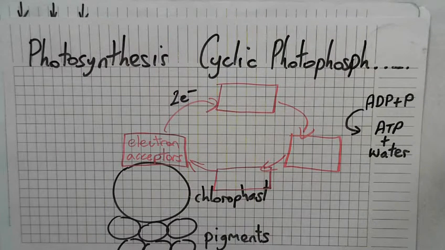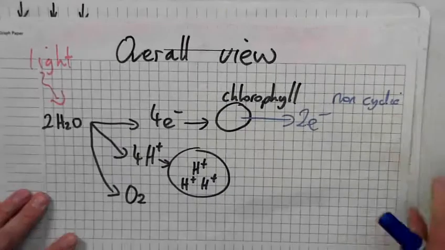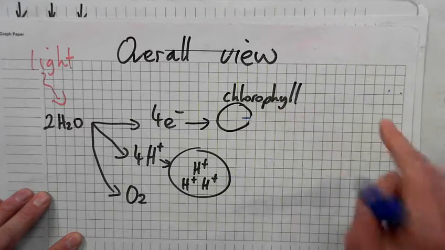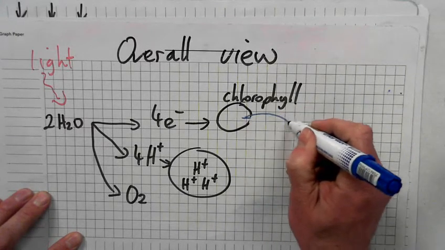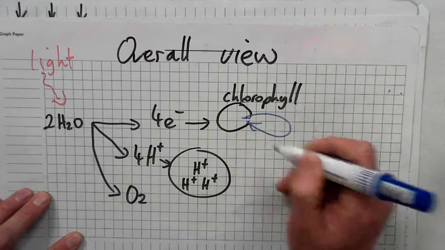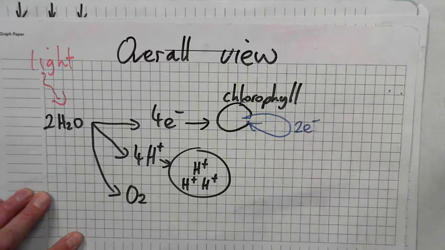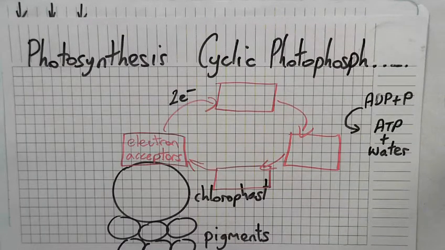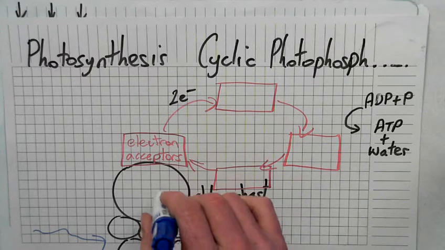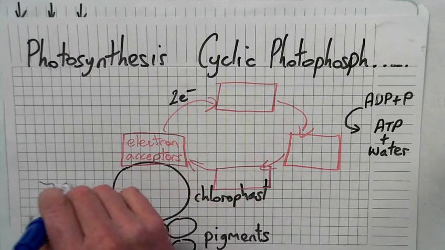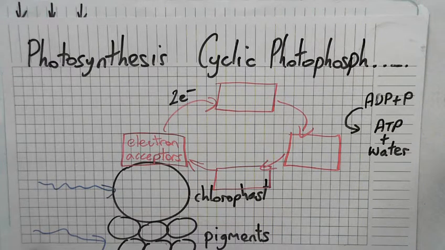Right, so first of all, this is cyclic. First step is cyclic. So this is where the 2 electrons leave the chlorophyll and come back. Cyclic. This is it here. These pigments absorb light energy from the sun, and they pass the energy that they receive from the sun to the chlorophyll molecule. Chlorophyll can also receive light energy from the sun.